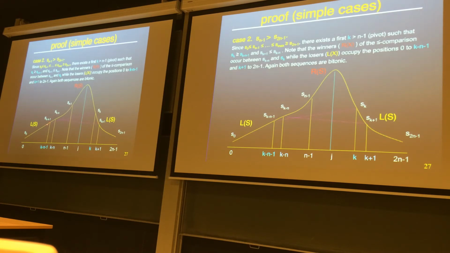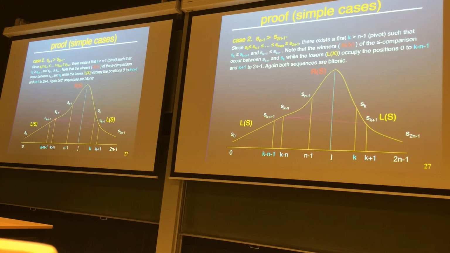Yeah? Because in this part we compare the elements from S0 to Sk minus n minus 1 with the corresponding elements in the second half, so that will occur between here and here.